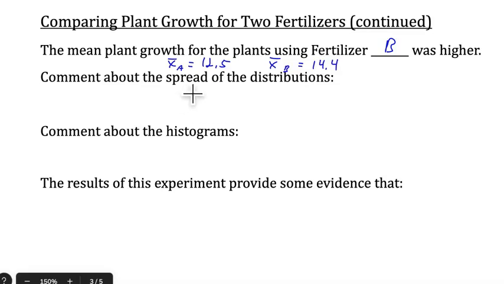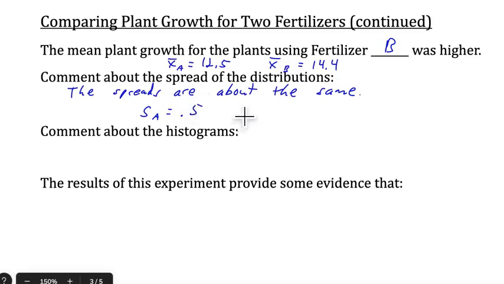Let's make a comment about the spread of the distributions. We could just say the spreads are about the same. The sample standard deviation for group A was about 0.5, and the sample standard deviation for group B was about 0.6.